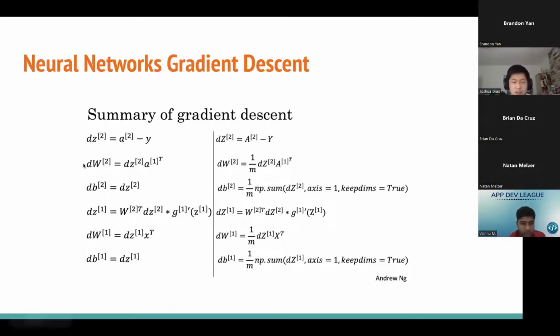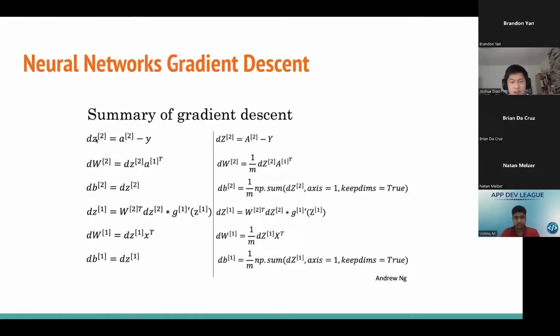So dz, dw, db. You guys might be wondering what this is. Remember, z is basically our hypothesis, w is our weight, and b is our bias. So the y equals mx plus b, that b is our b. These derivatives are actually all partial derivatives. We're just simplifying the form so it looks cleaner here.